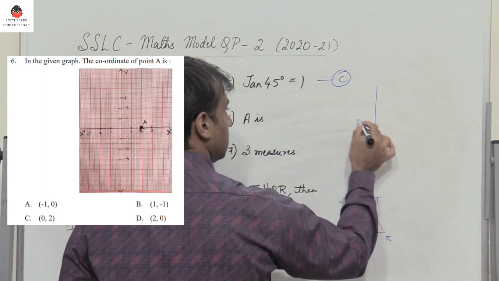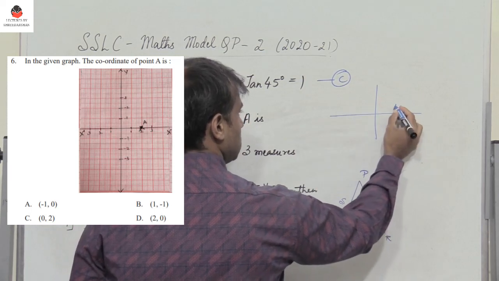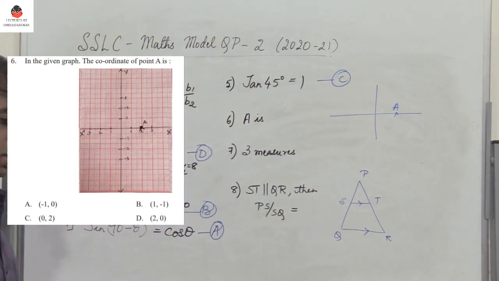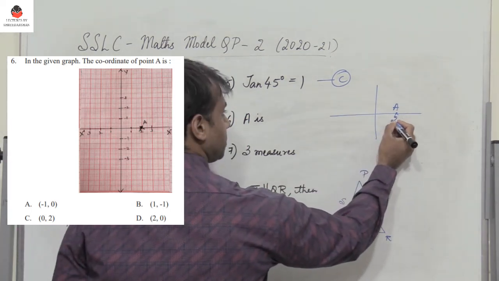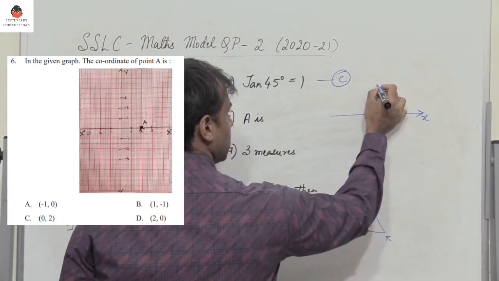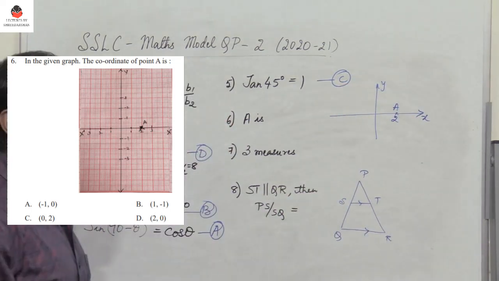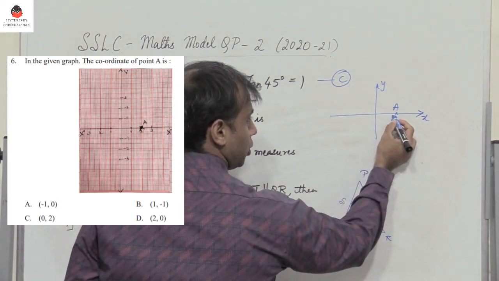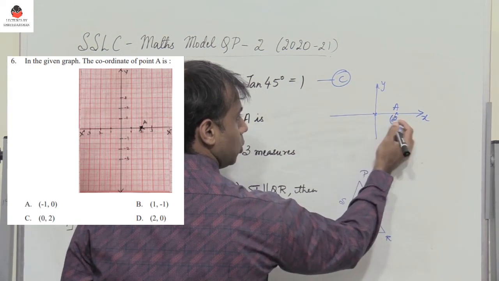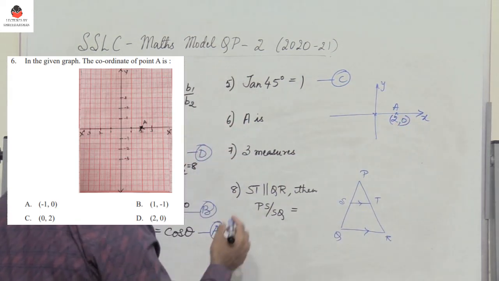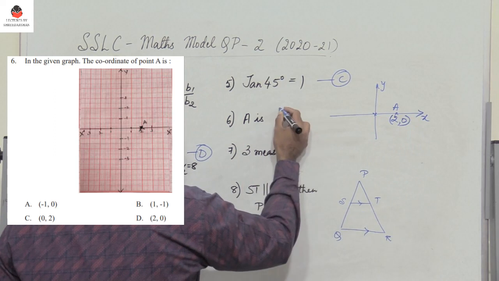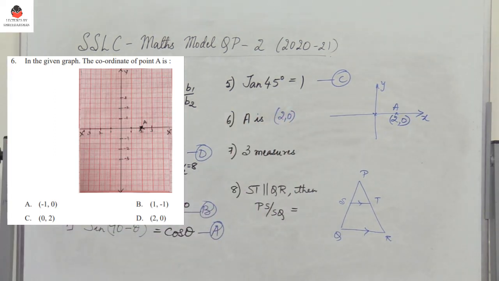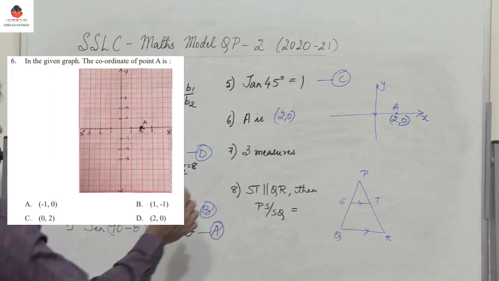You have a graph shown, and this is point A. This is the x-axis and y-axis. So what are the coordinates of this point A? For x it is 2, and for y it is 0. So the answer is (2, 0), and the right option is D.